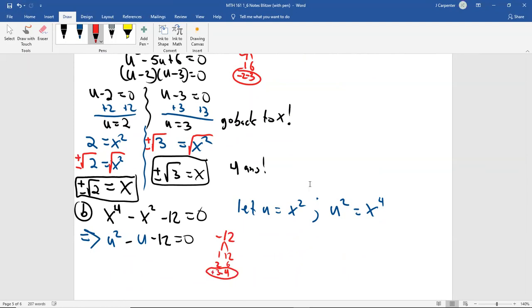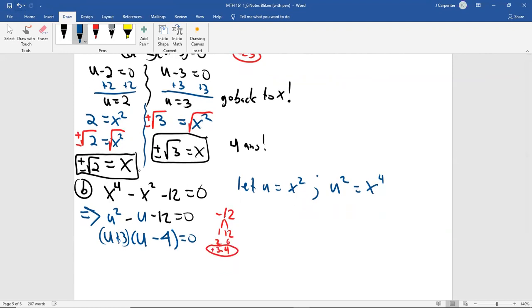Your arithmetic skills need to be up to par. So the factored form is u plus 3 times u minus 4 equals 0. That looks awful because my u's and 4's look similar, so let's be a little more careful. Set each of these equal to 0, you'll get u plus 3 equals 0, and you'll get u minus 4 equals 0.